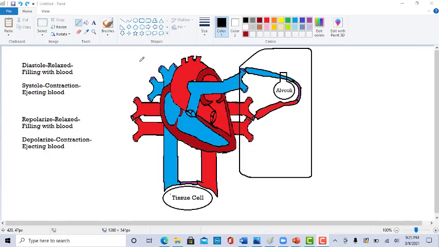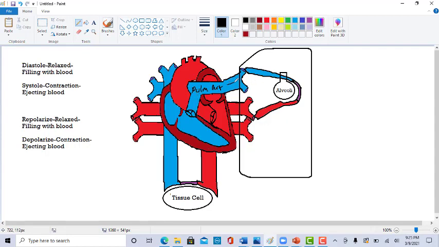Okay, so let's start with the pulmonary circulation. And again, if you know the order of blood flow, this is really going to help. The pulmonary circulation technically starts in the pulmonary artery, which is this guy here. This is deoxygenated blood that is leaving your heart and going into your lungs.